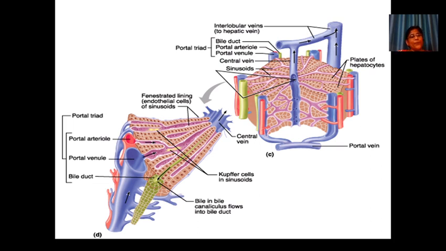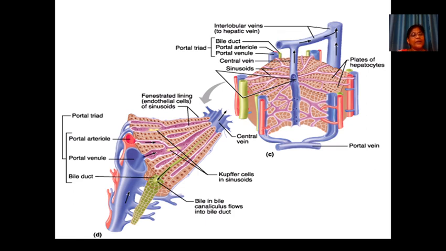This portal arteriole or hepatic artery, a branch of the aorta, gives a supply to every lobule. The next one is a branch of the portal vein. The portal venule, a branch of the portal vein, also gives supply to each lobule.